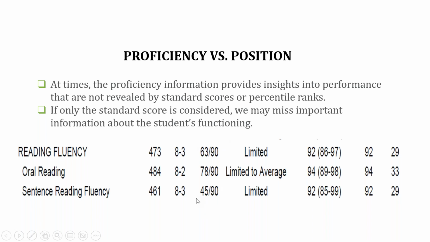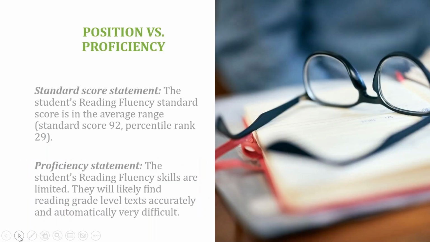So we're going to need to put in some type of programming that's going to address these limited proficiencies in these areas. So it's a very important, very unique way of looking at students' performance, but it's very helpful when we go into really having a deeper understanding of the child, and also when we are planning for students' instruction.